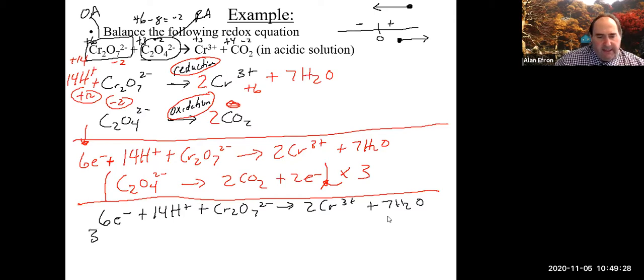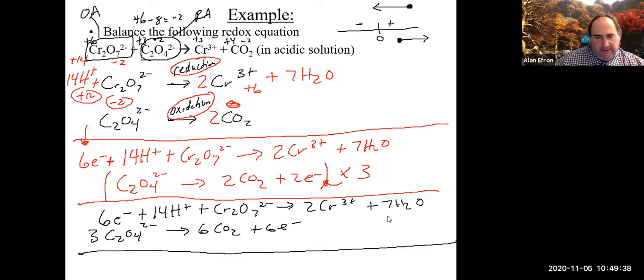So that's going to give us 3C2O4 2 minus, gives us 6 CO2 and 6 electrons. We are now good to add those together. 6 electrons here and here will cancel. And I think that is it.